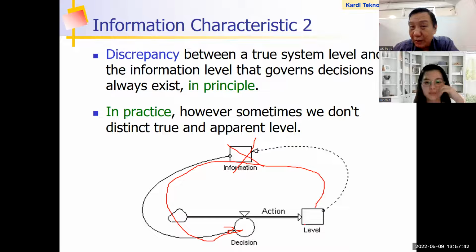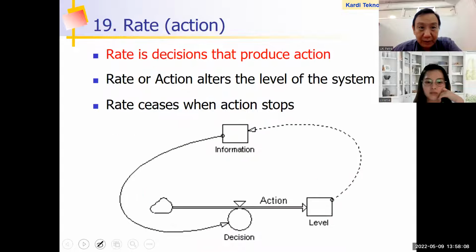But remember, the information itself has some delay from the true level. In practice, to simplify the computation, you just say the information is embedded inside that level, as if you overlay the information inside the level.